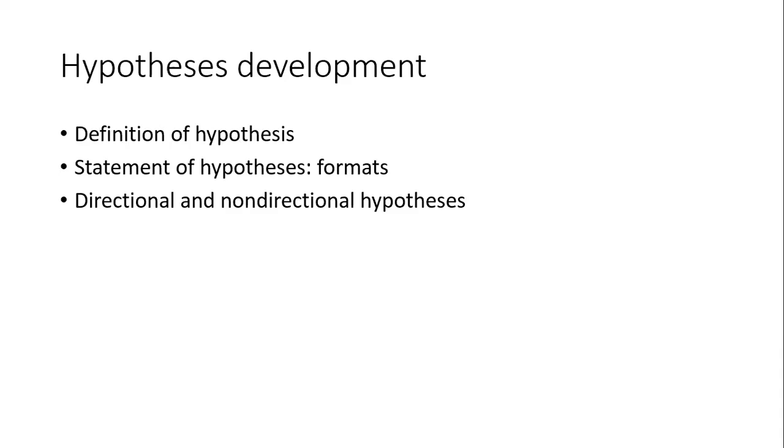And second is how do we state the hypothesis. There is a difference between them. How do we state, how do we write the hypothesis in different formats, we will discuss that. Third is that there are two kinds of hypothesis: one is directional, the other one is non-directional.